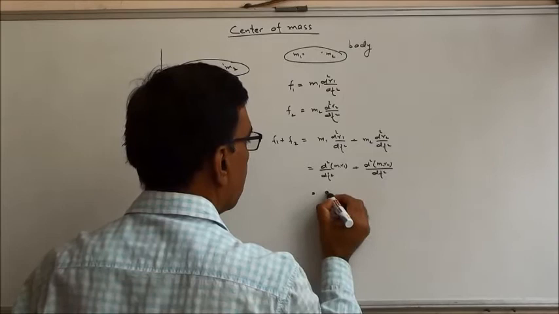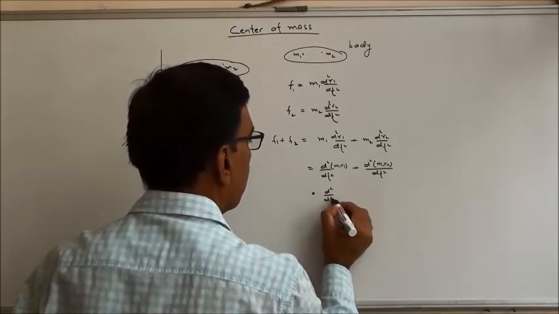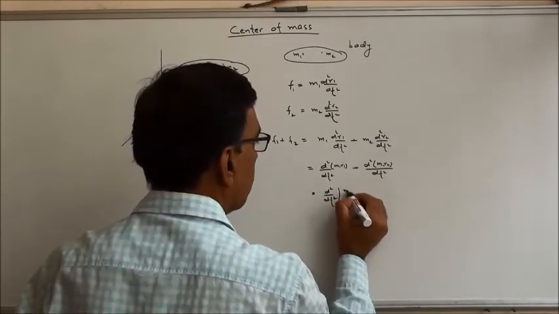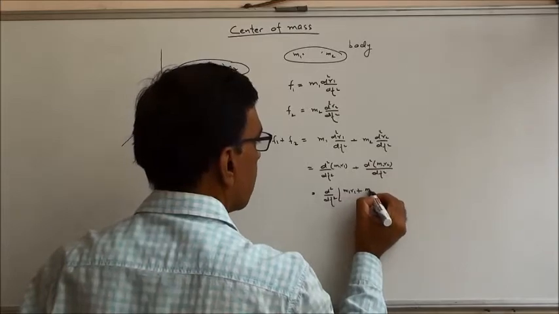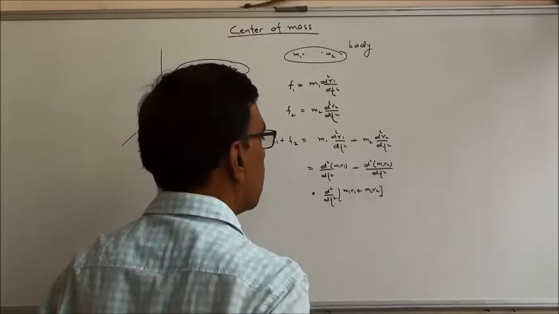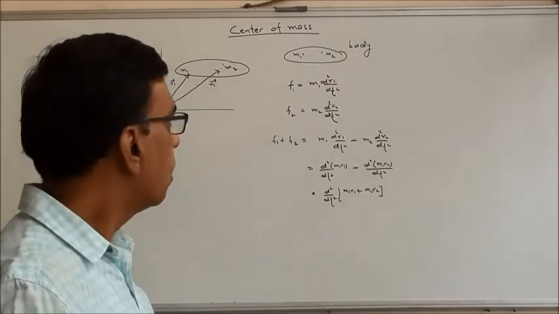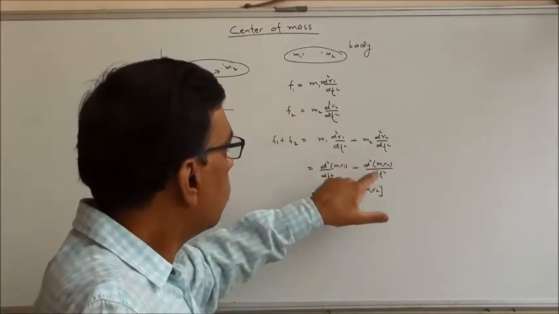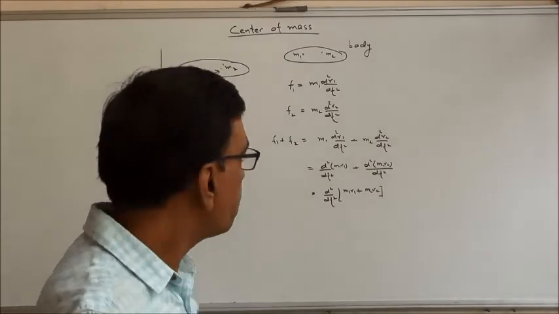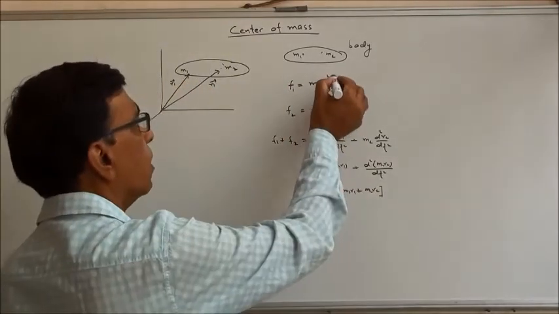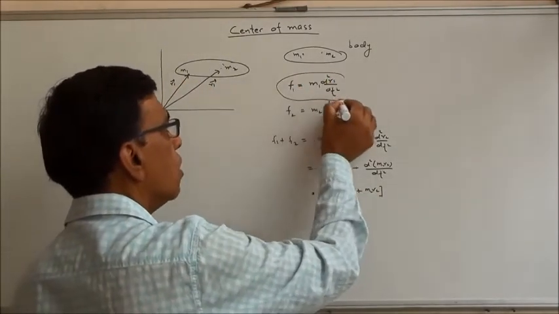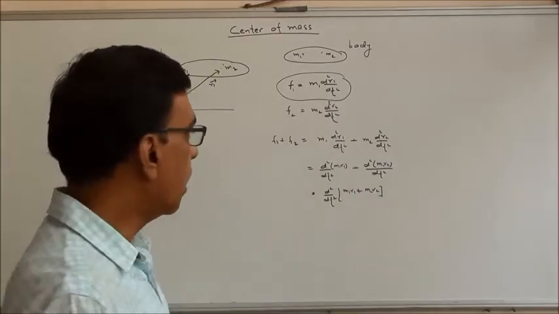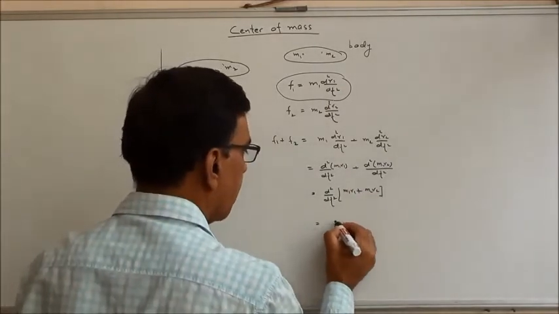Or it can be further simplified when I take this quantity as common. First, second, total, I add it up. But I want something of this form: force is equal to mass into acceleration. Okay, this can be written in that form.